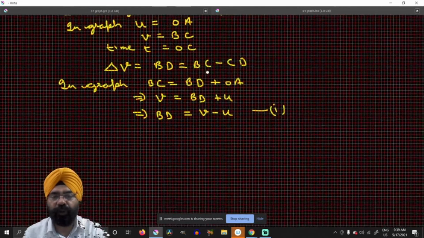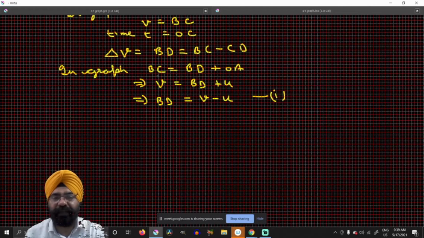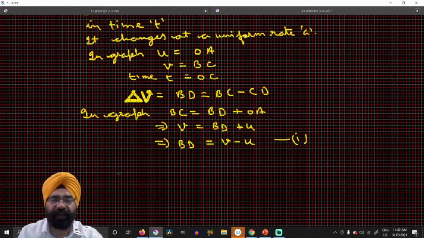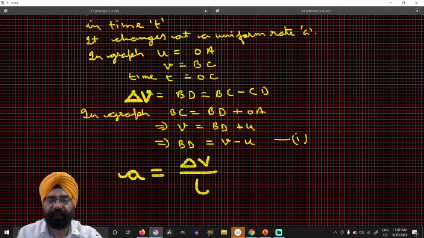Okay, so it means that BC is equal to BD plus OA, which means V is equal to BD plus U, which means BD is equal to V minus U. Now I told you that to find this equation we need to find acceleration. Acceleration is equal to change in velocity upon the time taken.